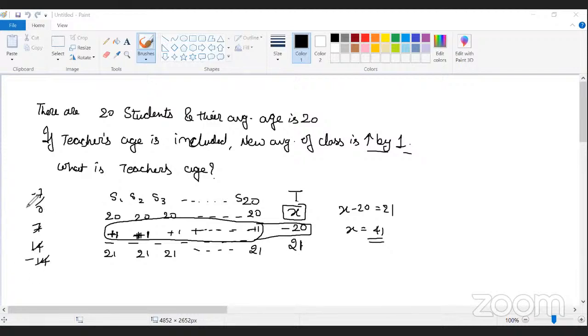When everything is getting 0 at the end, that's the actual average. So here we know that 21 is the actual average. So if it is plus 1, 20 times, this has to be minus 20 to make it 0. So we just have to solve X minus 20 is equal to 21. X is equal to 41.